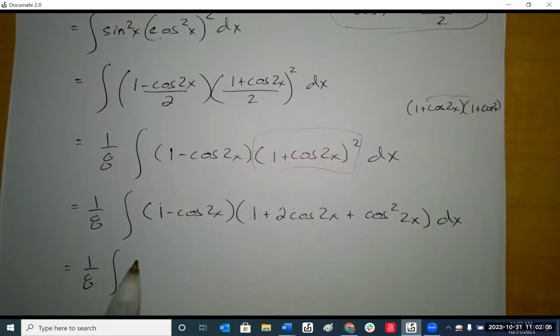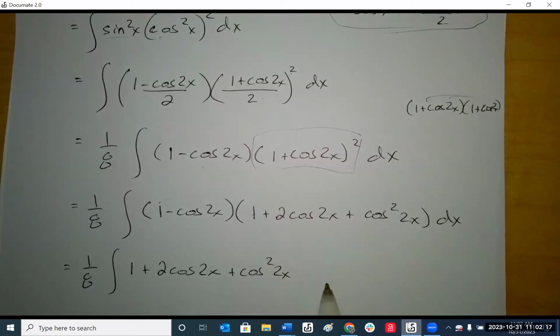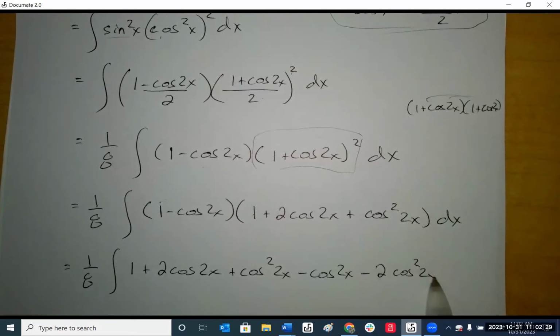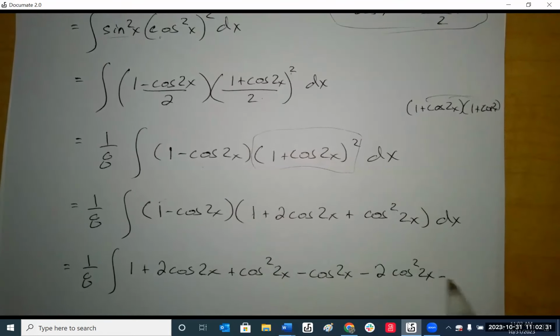So 1 times 1 is 1, plus 2 cosine 2x, plus cosine squared 2x. Now this one, minus cosine 2x, minus 2 cosine squared 2x, minus cosine cubed 2x, dx.